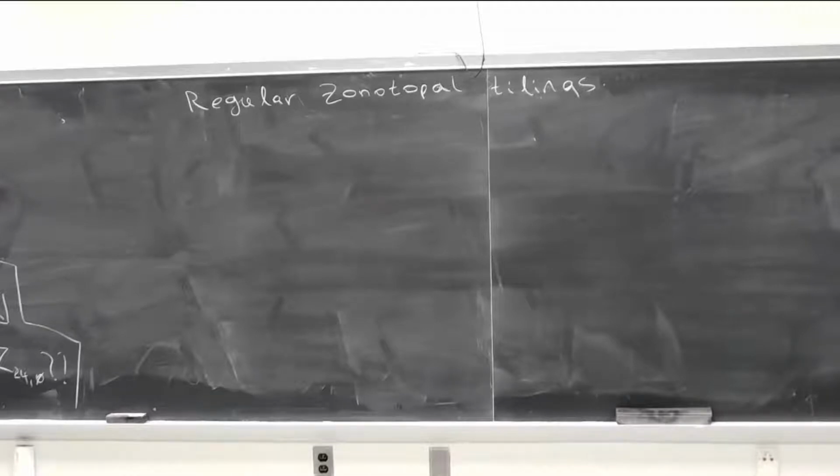How do I define regular zonotopal tilings? I want zonotopal tilings to somehow generalize triangulations, and I want regular ones to correspond to regular ones. So maybe first I should explain how to obtain triangulations from zonotopal tilings.